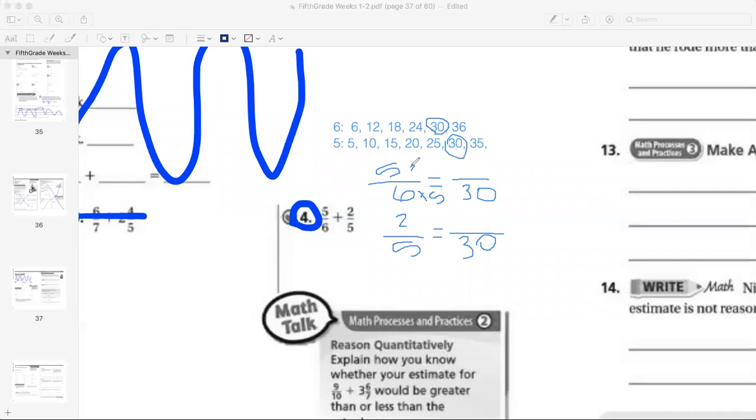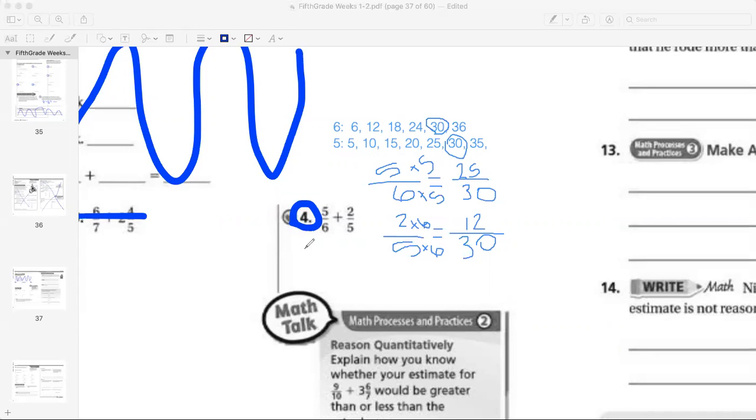So I do times 5 at the top. 5 times 5 is 25. And then the second one, 5 times what is 30? 5 times 6. So we do times 6 at the top. 2 times 6 is 12.